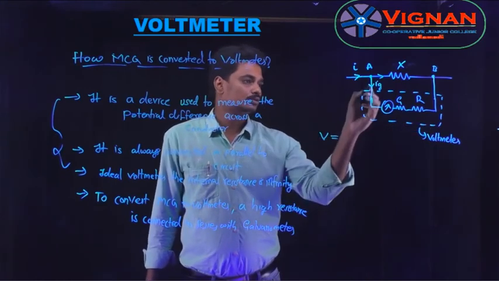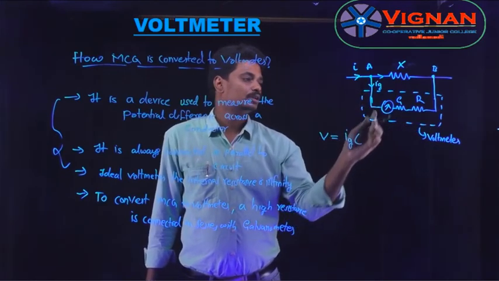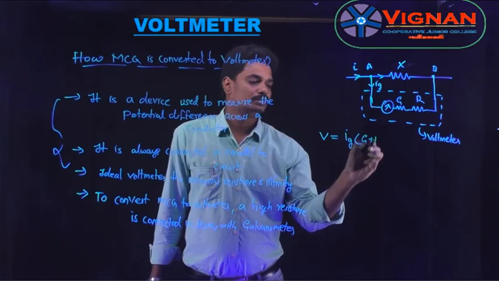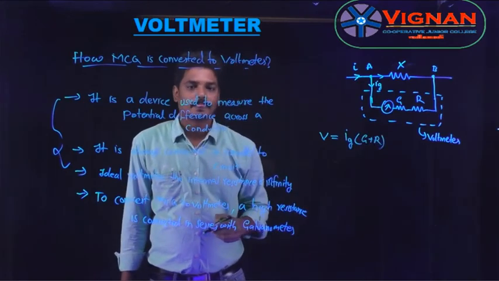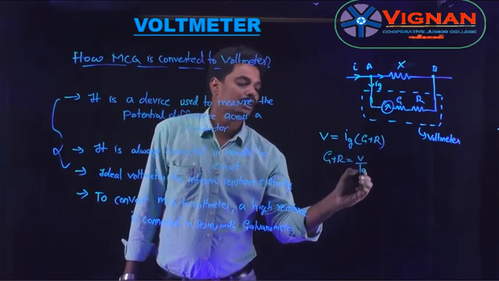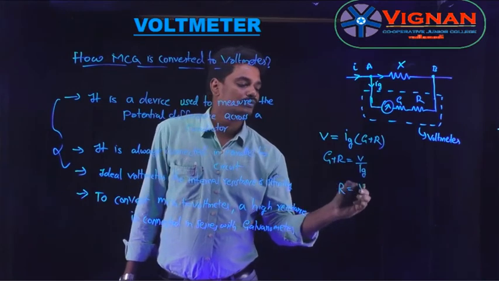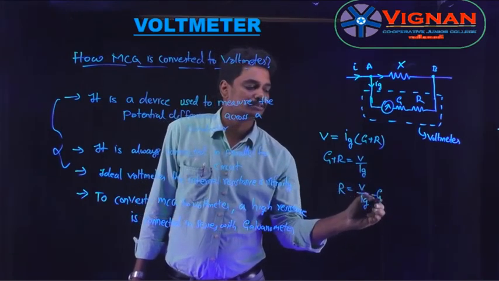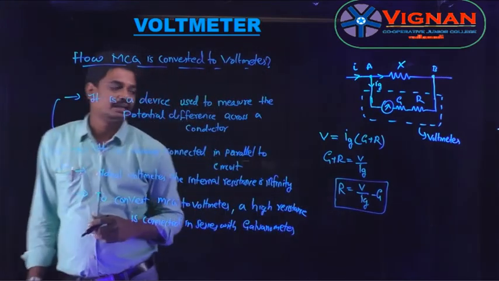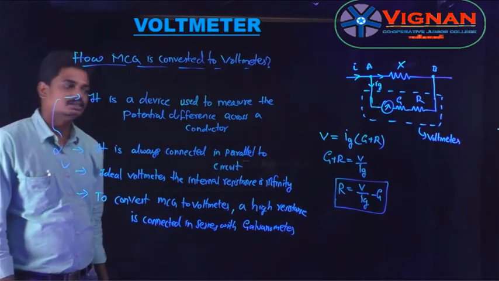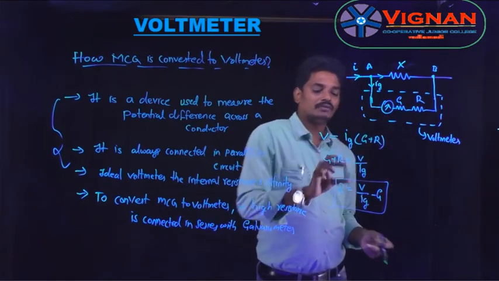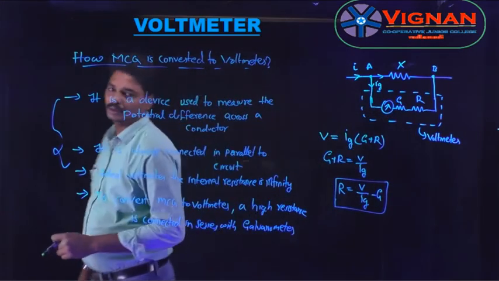So V is equal to Ig into the total effective resistance, that is G plus R. From which G plus R is equal to V by Ig, or R is equal to V by Ig minus G. The resistance to be connected is given by V by Ig minus G, where G is the internal resistance, Ig is the current flowing in the galvanometer, and V is the potential difference across that element.